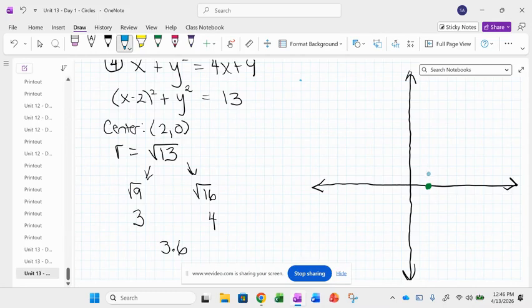So we're going 3.6 up, 1, 2, 3, and then 0.6. 3.6 down, 1, 2, 3, and then 0.6. We're going to go 3.6 to the right and 3.6 to the left. And so it looks something like this.